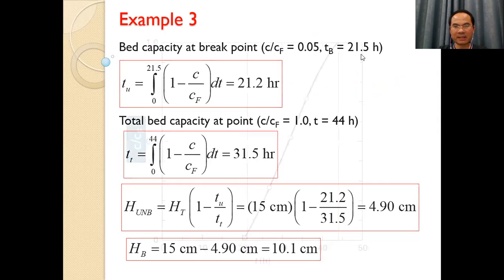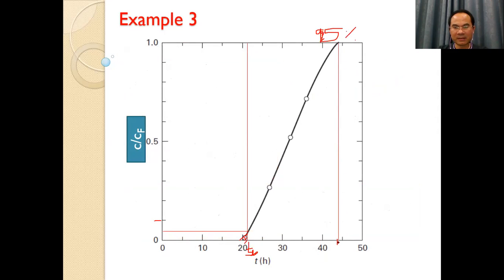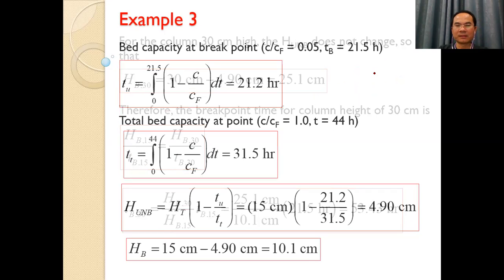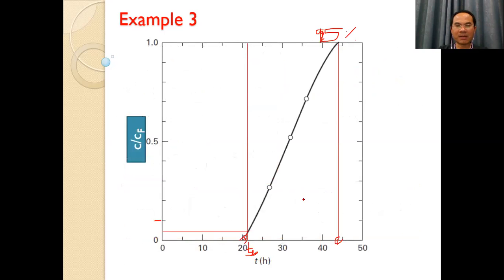You estimate the time at this point, when 44 hours, and also you integrate TT from 0 to 44 hours, the same: the integral of dt minus the integral of C over CF dt, from 0 to 44. You get about 31.